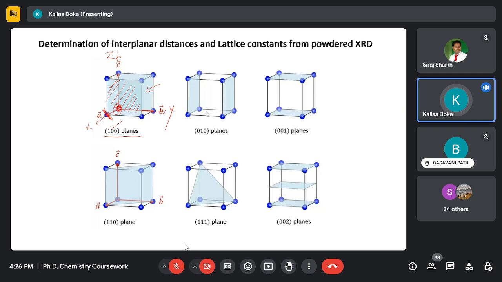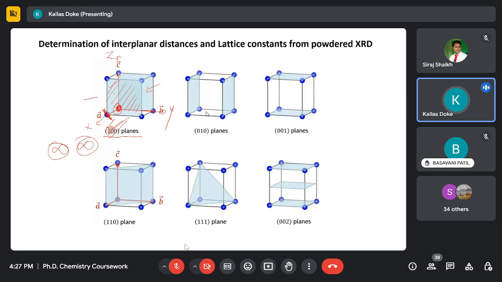The plane intersects the x-axis at unit distance, that is the meaning of 1. The plane is parallel to the y-axis and parallel to the z-axis. Parallel means it intersects at infinite distance, so in Miller indices, that infinity is converted into the number 0. So this plane is called a 100 plane.